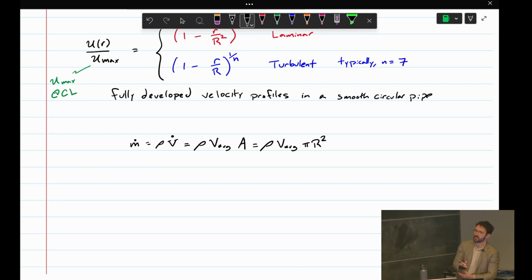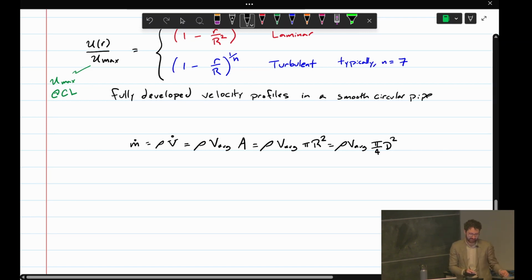Again, big R is the radius of this pipe, but most of the time we are told about diameter, because it's a bit hard to measure radius directly. You're just measuring some point out in space that you say is the middle of the pipe. They don't like to do that. So they'll give us diameter, so that's V average pi over 4 d squared. So that is our mass flow rate in a pipe.